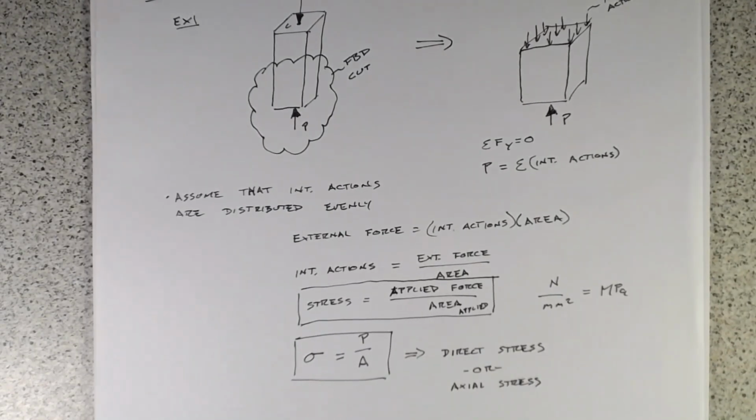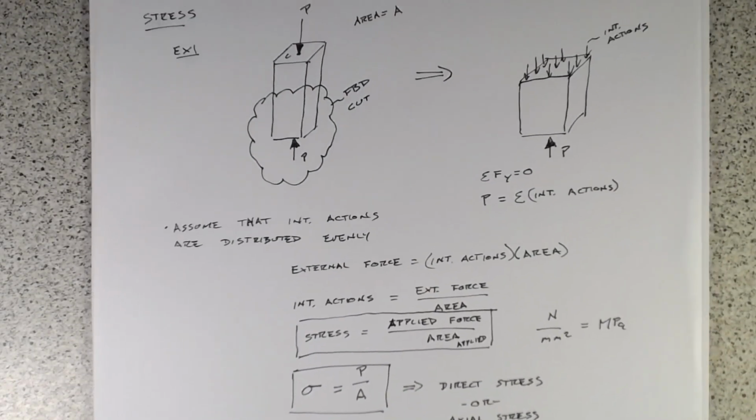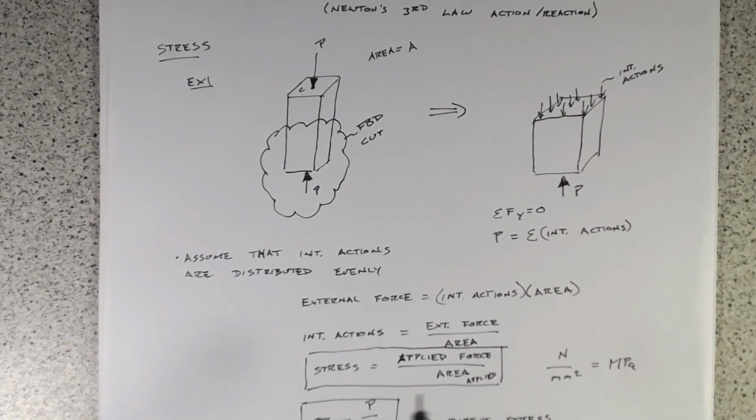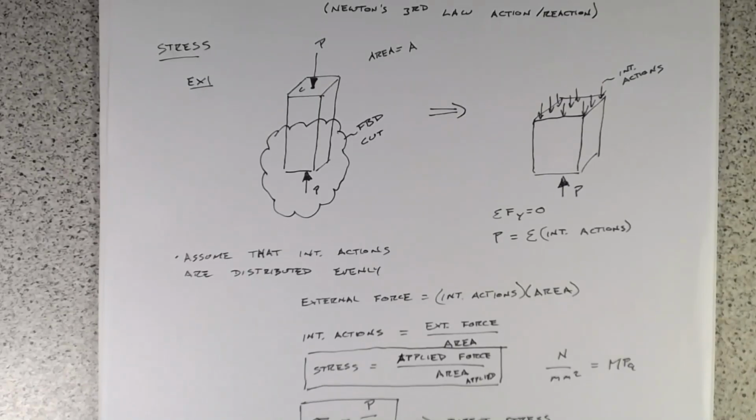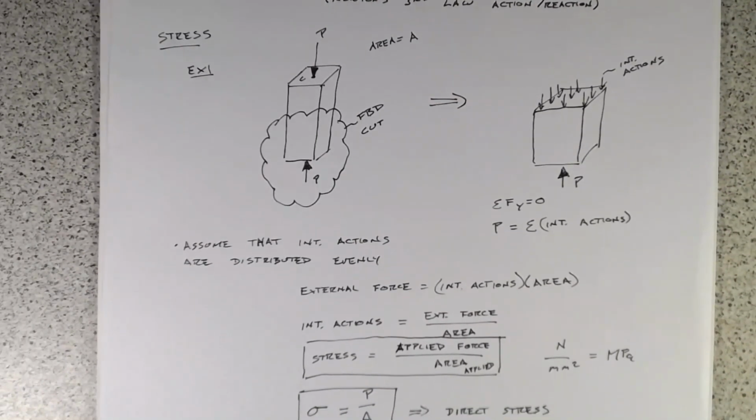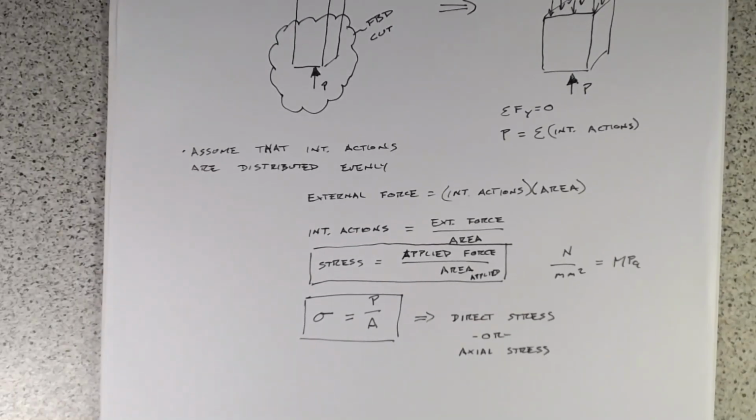So that's cool, that makes some sense. I mean, if we look at our little example up here, we've got our forces compressing down some area, P over A. Cool. This is easy for us to wrap our head around and understand. One last thing before we start looking at some examples and about why we care about stress is our sign convention.